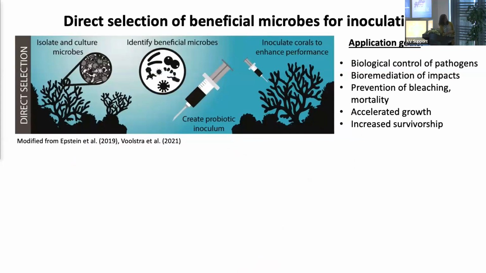So in terms of thinking about how we might intervene and use microorganisms associated with corals to boost their resistance to stress, this is an example of what one general workflow might be.